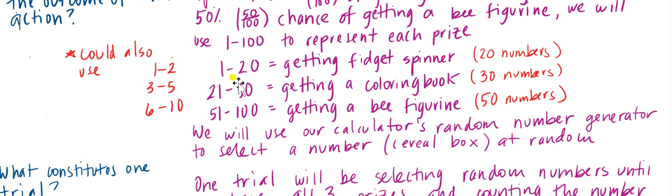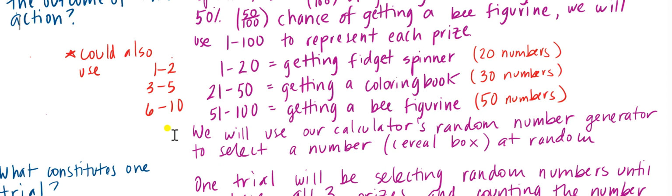So those numbers are going to represent me buying a cereal box and getting a prize in that cereal box. So I say what the numbers represent, and then I say we will use our calculator's random number generator to select a number that's going to represent picking a cereal box at random. Okay? So that is the whole description of how I'm going to model this action.